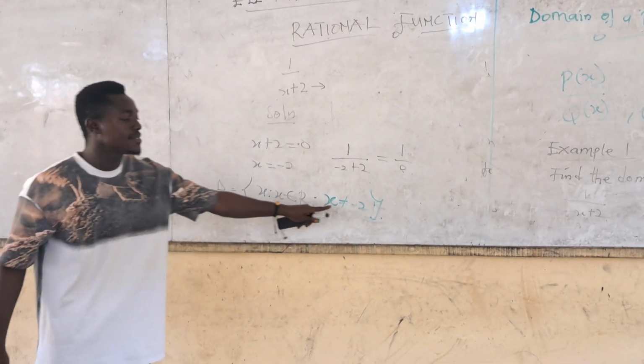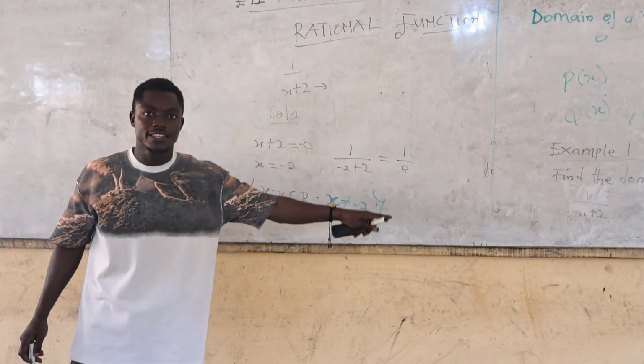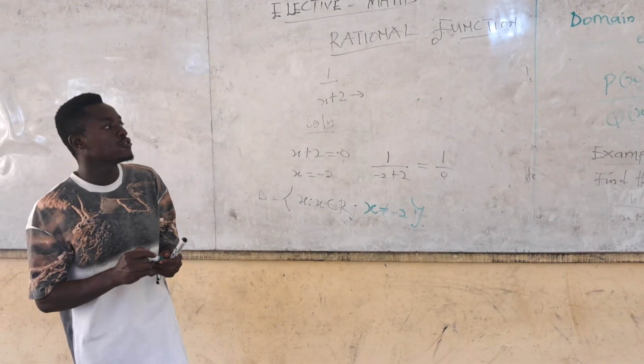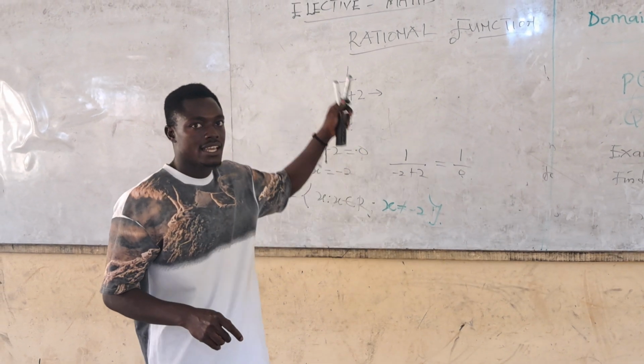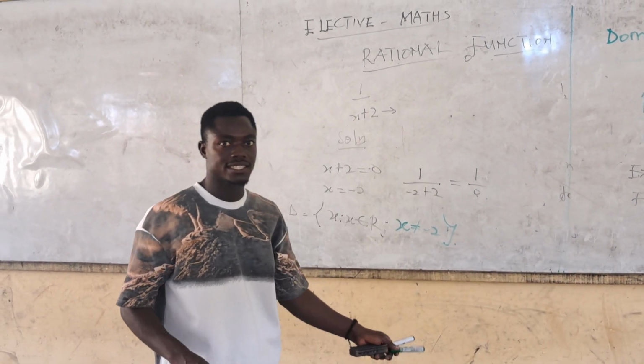You can write the except in words, or you put not equal to and cross it. So we have 2 ways: either you write it in words here, or you put equal to and then you cross it.